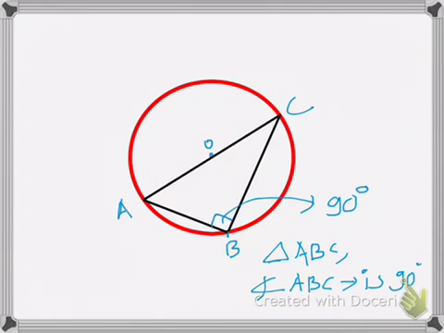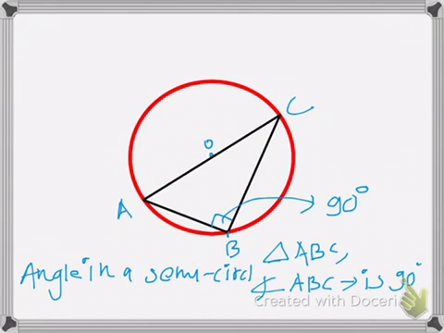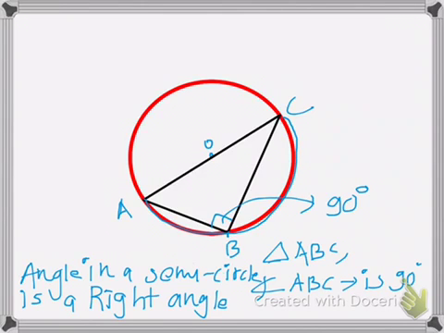We can say it this way: angle in a semicircle is a right angle. So here, this part is a semicircle, and the angle that stands over here is angle ABC, and it's equal to 90 degree.